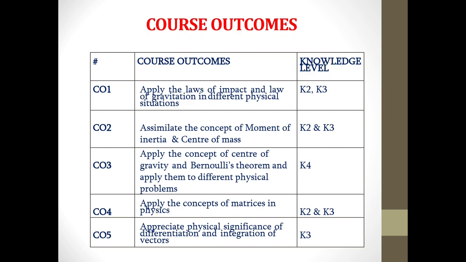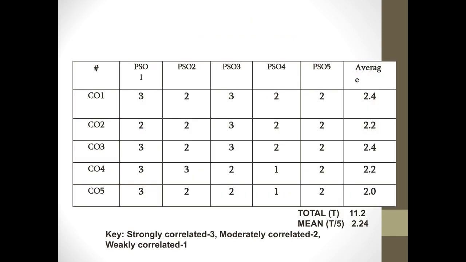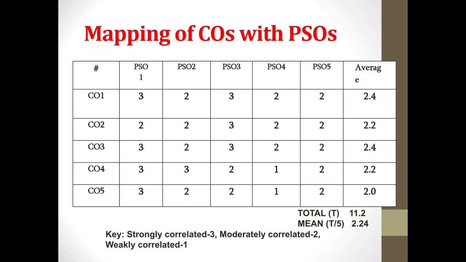Then we can write the knowledge level for each course outcome. Then we have to map the course outcomes with program specific outcomes. We have course outcomes on one side and program specific outcomes on the other side, row wise and column wise. If your course outcome is strongly correlated with your program specific outcome, then you can mark 3 there.